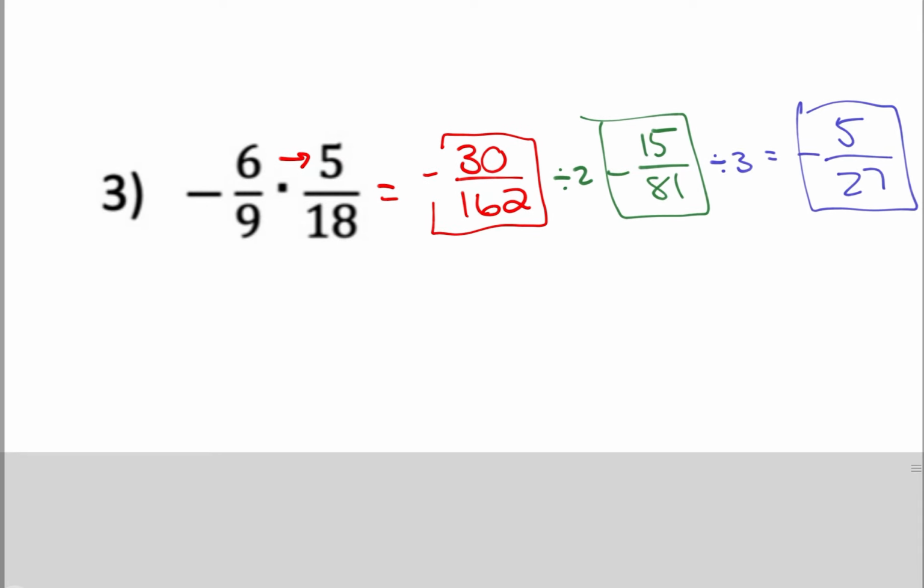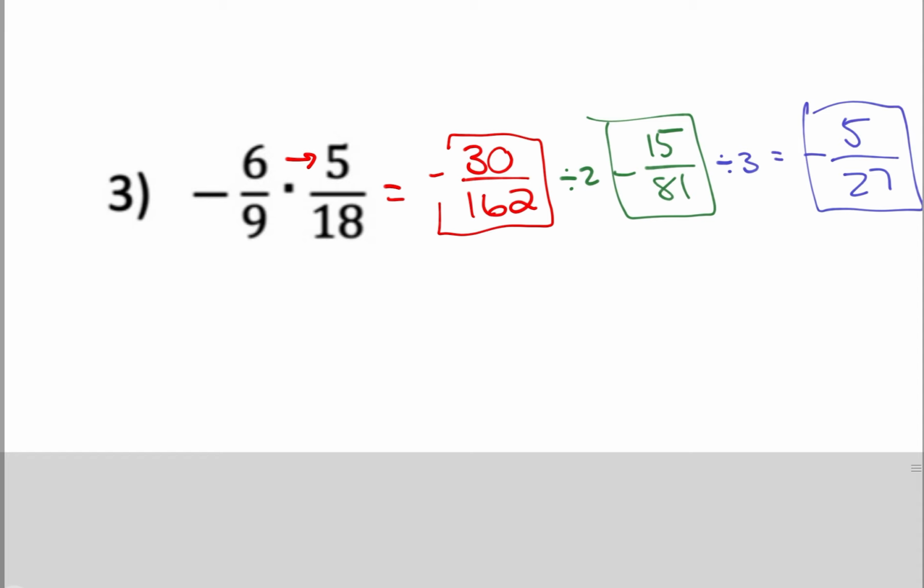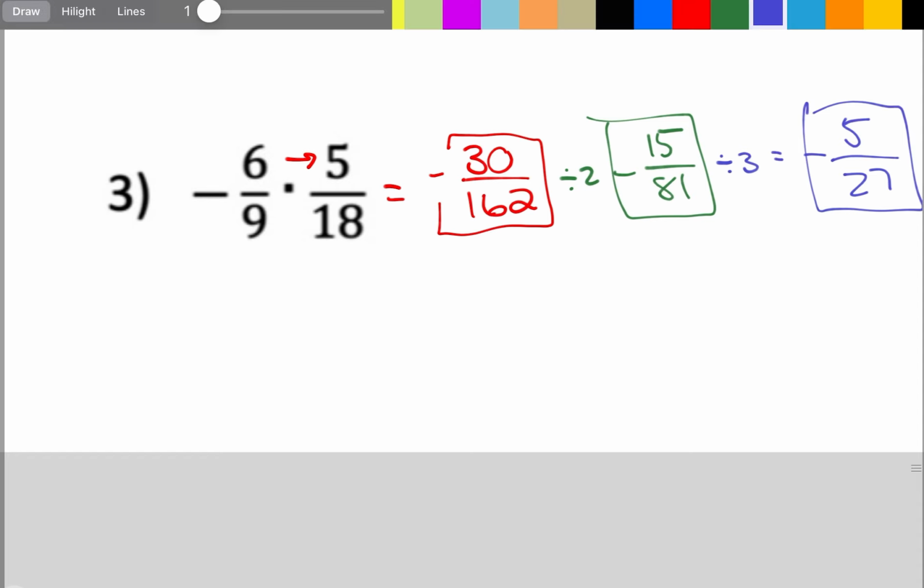Now I'm going to do this problem in another version. Maybe you'll like it, maybe you won't. Instead, I'm going to expand 6 to 2 times 3. This is called prime factorization. When you break numbers down to their tiny little pieces, we're going to look at 9 as 3 times 3. 5 is just 5 and 1, so there's no need to really do 5 and 1, but whatever.